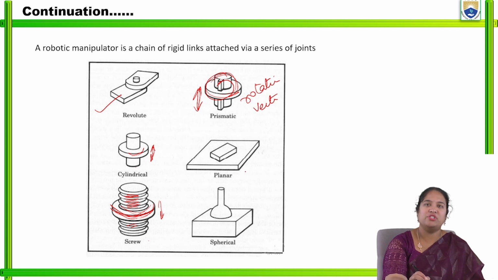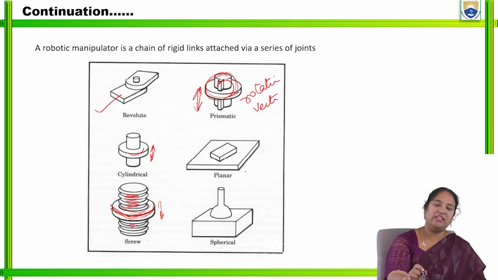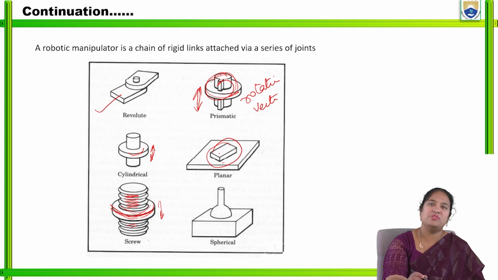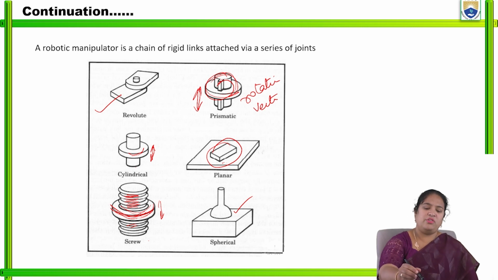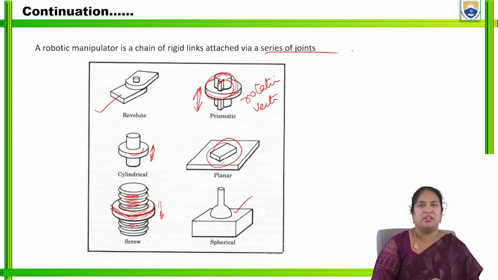Whereas in the planar motion, we can just identify the orientation or position of the robot. That is known as a planar robotic manipulator system. Whereas in the spherical also, we can just identify the position of the particular robot manipulator. So these are different types of robot manipulators in terms of chain or rigid link attachment with respect to a series of joints.